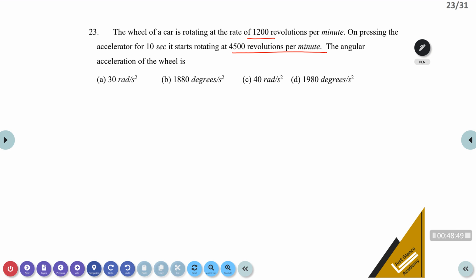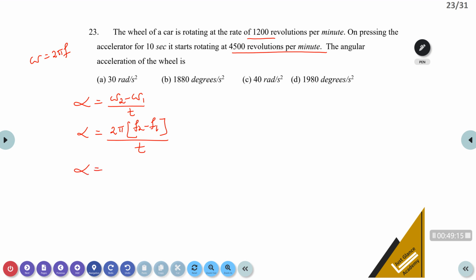The angular acceleration alpha equals omega 2 minus omega 1 divided by t. We know omega equals 2 pi f, so alpha equals 2 pi into f2 minus f1 divided by t.